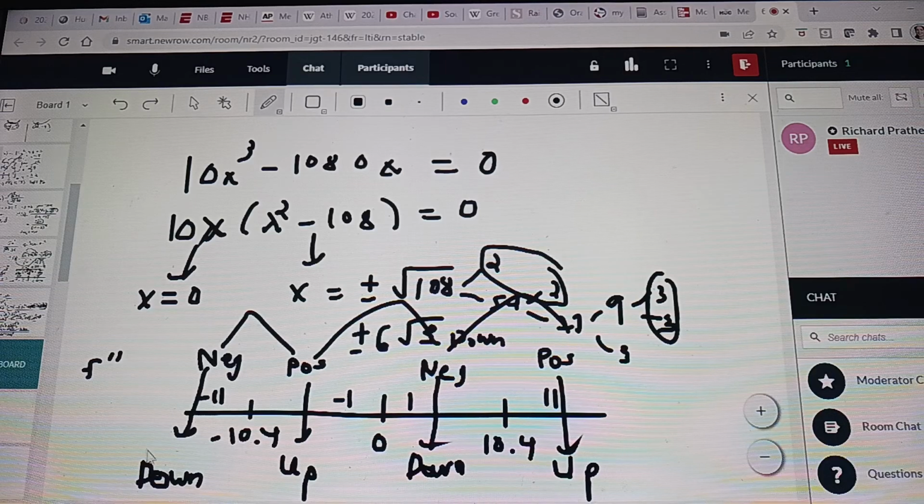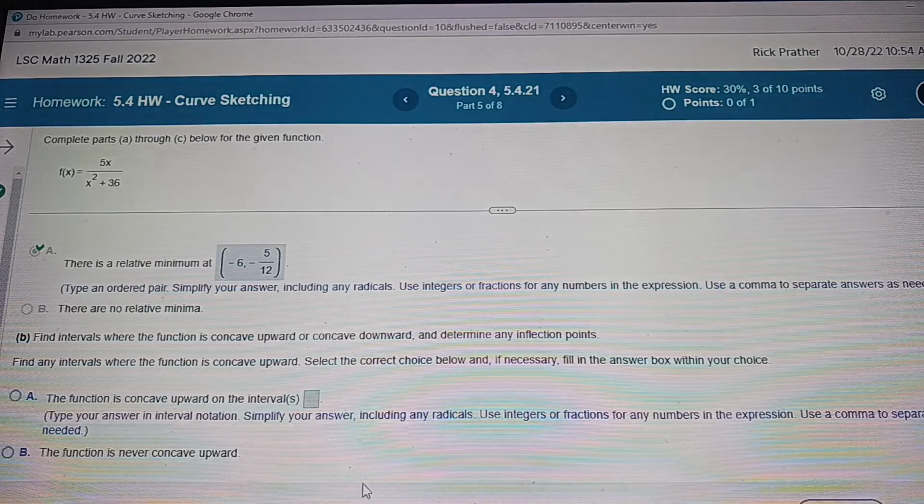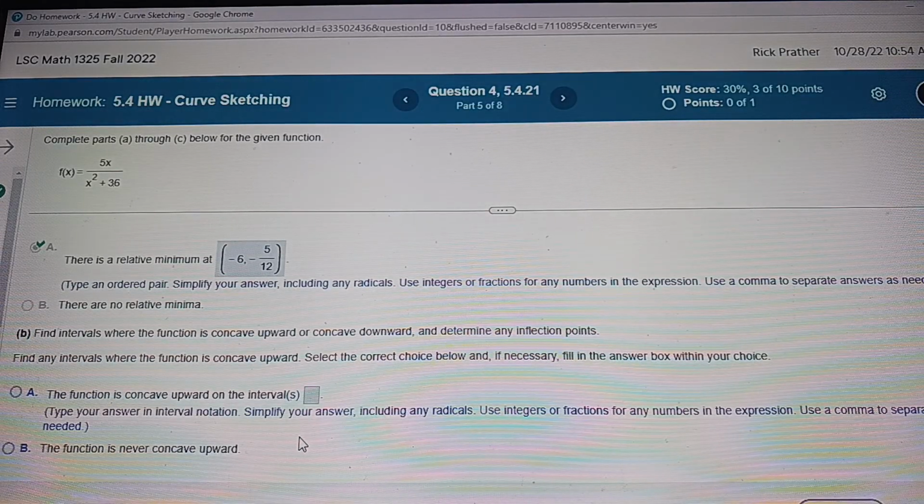So you're concave down from negative infinity until you get to this negative 10.4, which is really negative 6 square root of 3, is how we should write it. Negative infinity to negative 6 square root of 3. They only want the up first, so forget that.